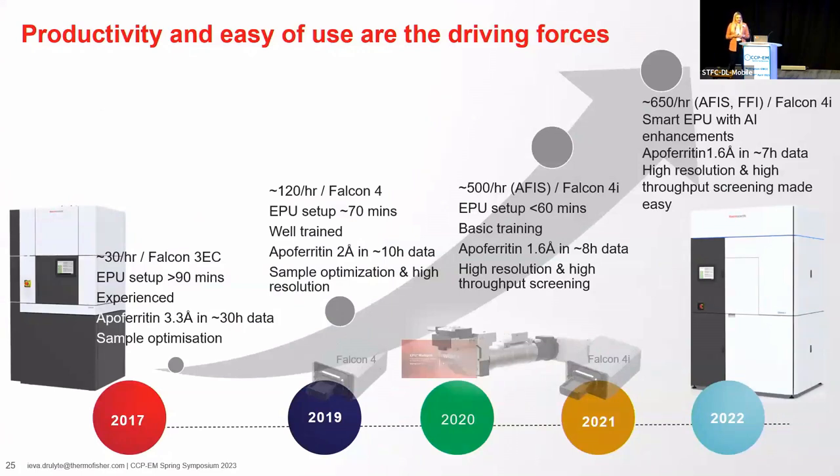And I think it's just quite fascinating how in the space of 5 years, various different software and hardware improvements are taking us to the new era where it's easy to collect throughput of 650 images per hour, even 1,000 images per hour, depending on your parameters. And as well, we're not counting Glacios anymore on like one hand or two hands. We have over 220 of them in the world.